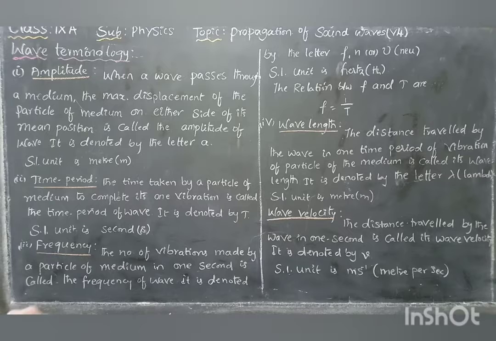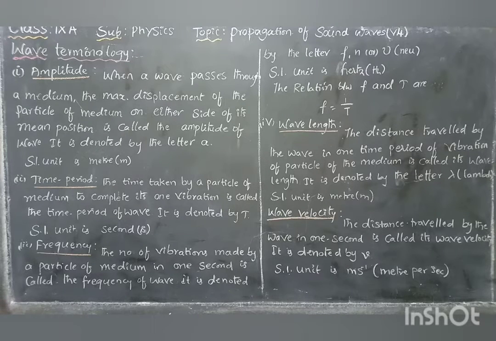Similarly, the minute hand takes 60 minutes. The hour hand comes back to the same location after 12 hours. So the time period of the hour hand is 12 hours, of the minute hand is 60 minutes, and of the second hand is 60 seconds. That is the time period.